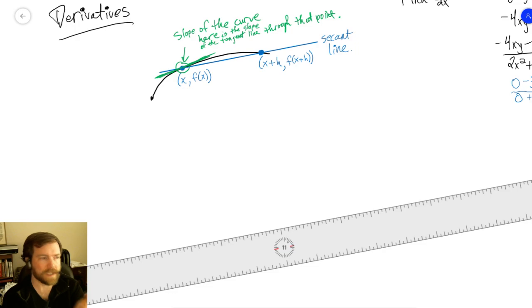Now you can clearly see right now this is not a very good approximation for that slope. It completely crosses it. It's just not even remotely close, right? But if we take this point and we shift this inward, we get this point here as our next point.